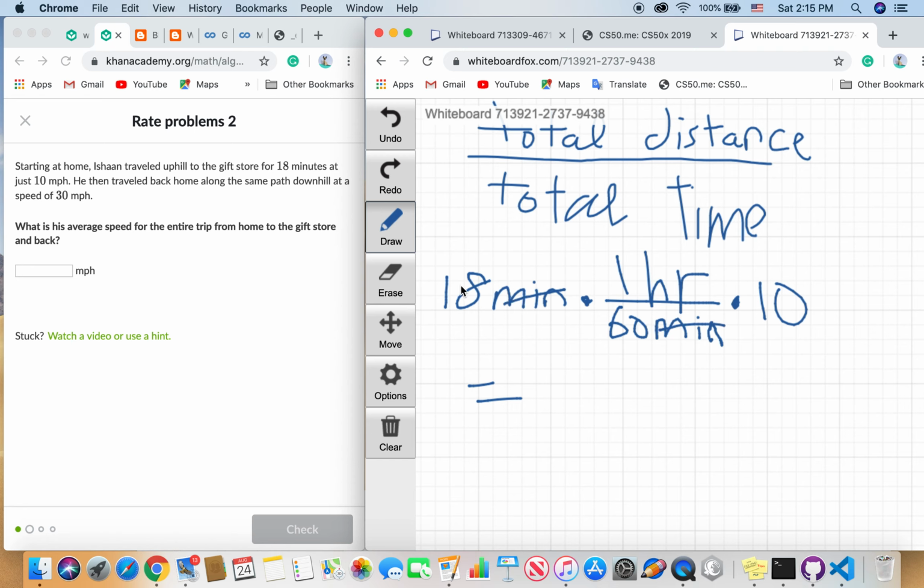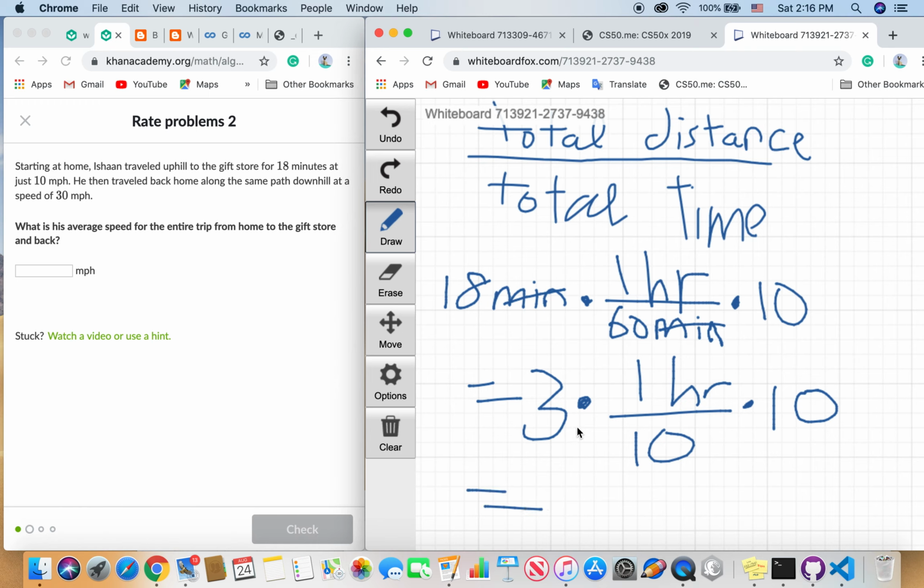They have a common factor, 6. So 3 multiplied by 10, 1 hour, multiplied by 10 again. What we get is the distance, although you don't see any distance here. And the answer is 3 miles.